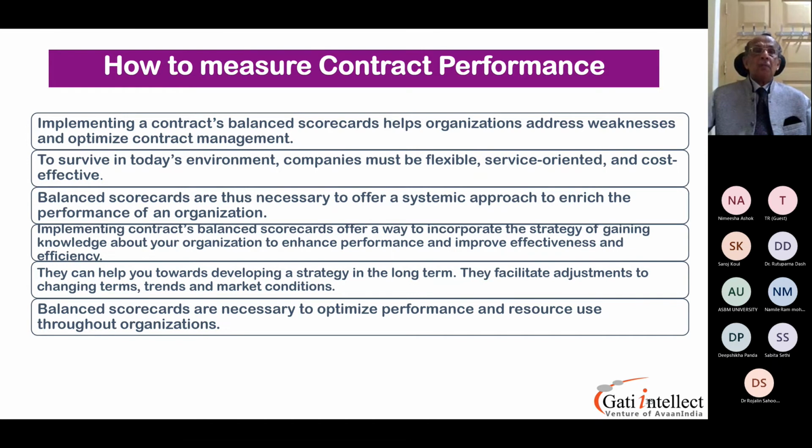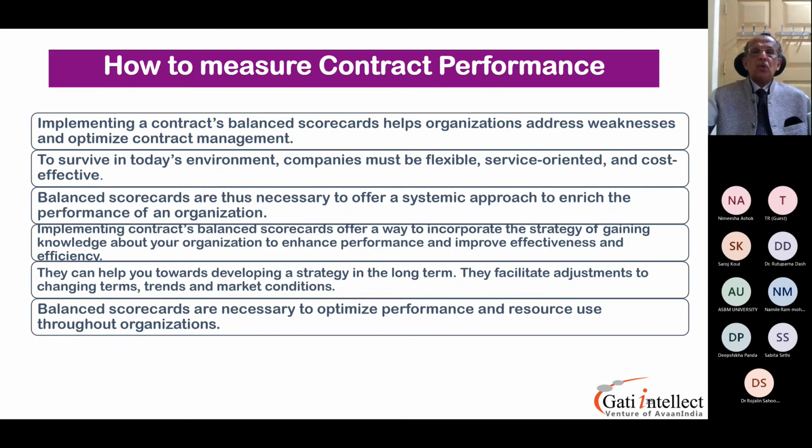Balance scorecards are thus necessary to offer a systematic approach to enrich the performance of an organization. Because please understand again, the balance scorecard is a mechanism whereby you're measuring quantitative as well as qualitative measures. And it can come down to any level: the business level, department level, or unit level. Any level it can be implemented.